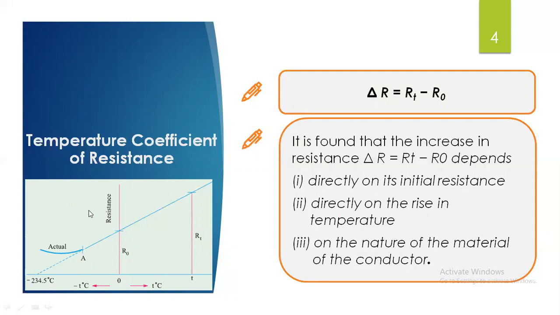It means that theoretically the resistance of copper conductors will become zero at this point, at a temperature of minus 234.5 degrees Celsius.